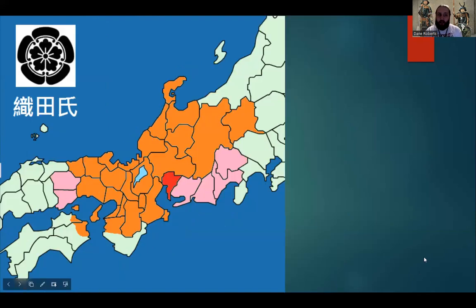However, the power that Mori Motonari put in place would eventually gain the attention of the much more powerful and much more fearsome Oda clan. Though Mori Motonari would not live to see the Mori conflict with the Oda clan.